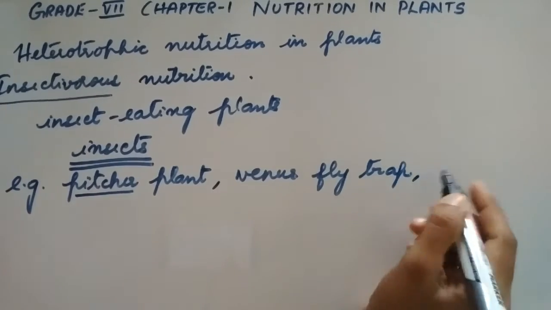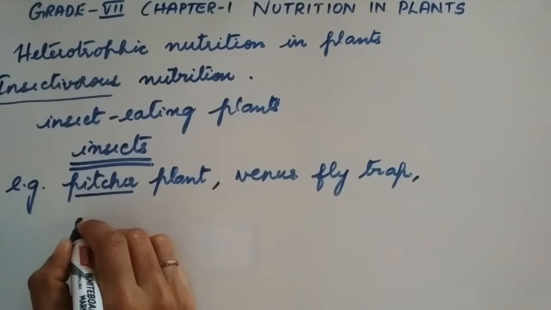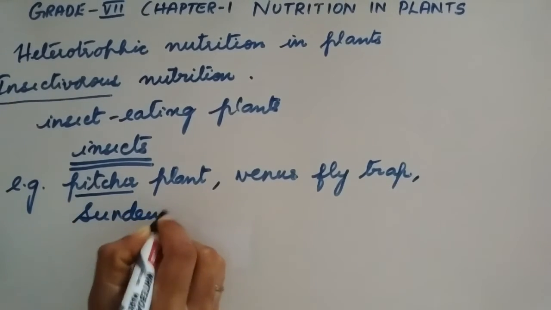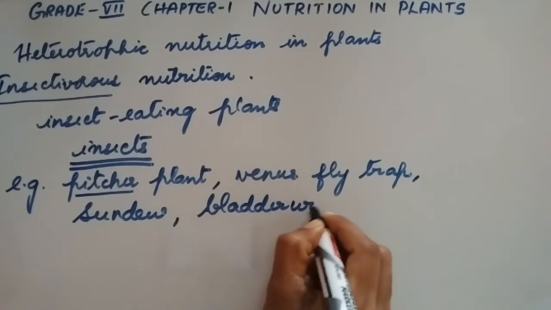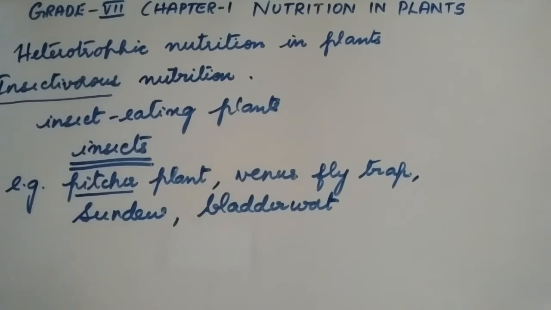I will show you the pictures of these insectivorous plants. Venus flytrap, then you have sundew, and then bladderwort. So these are the examples of the insectivorous plants.